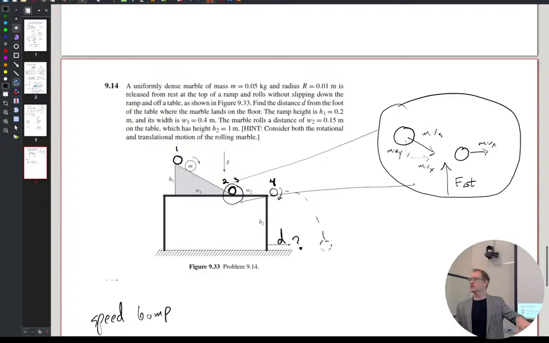Position 2, energy was conserved the whole way, or at least kinetic plus potential conserved. And then 2 to 3, some kind of impact. We have to look at the change in momentum due to that impact. And then 3 to 4, energy conserved. And now 4 falls off the table. And I guess we could still say energy conserved all the way to 5. Something like that.